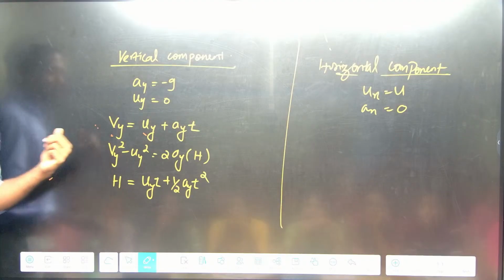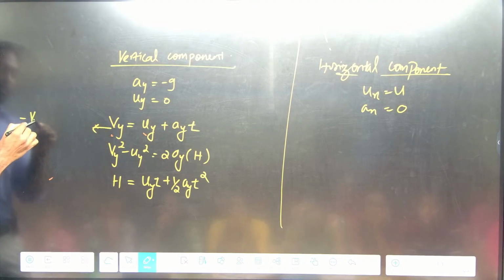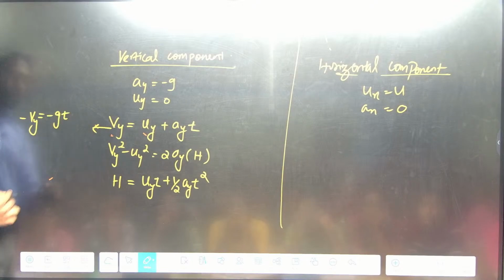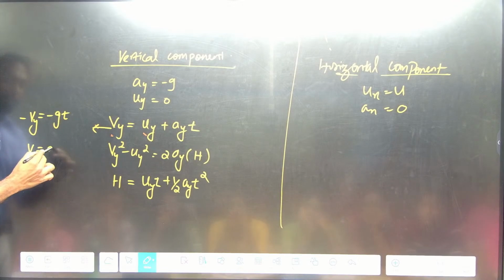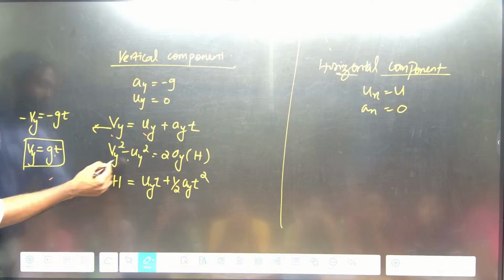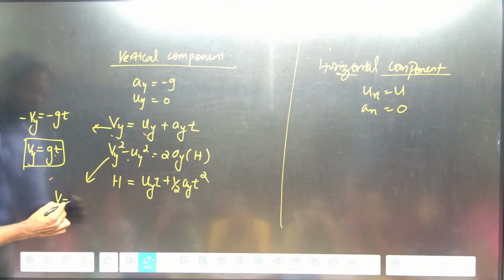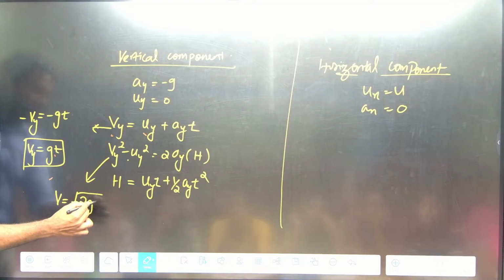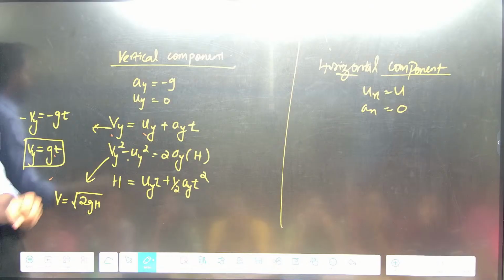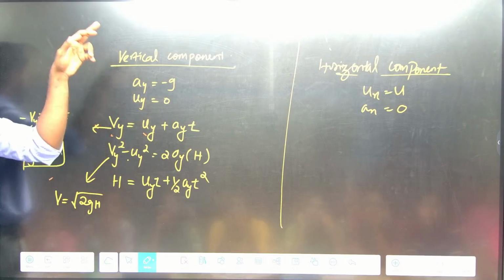So minus vy will be equal to minus g into t, which is nothing but v will be equal to gt in terms of t. If I talk about this one, v will be equal to under root of 2gh. We have already seen this formula, yes or no? So simply dropping the object like it is going.